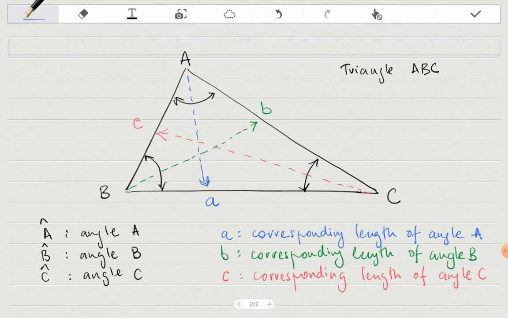So the lengths would be measured in millimeters, inches, centimeters or any unit of distance, and the angles would be measured in degrees or radians.